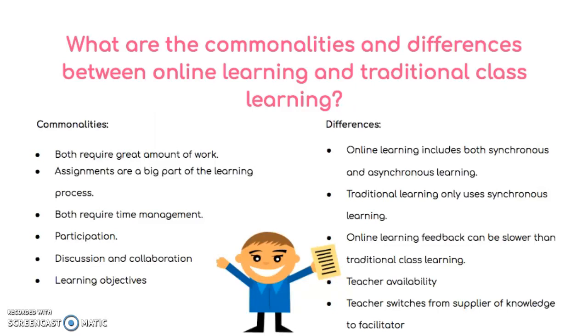Some differences are that online learning includes both synchronous and asynchronous learning, while traditional learning only uses synchronous learning. Online learning feedback can be slower than traditional class learning, which can happen in real time. There are also differences in teacher availability, and the teacher switches from the supplier of knowledge in a traditional class to a facilitator of knowledge in online learning.